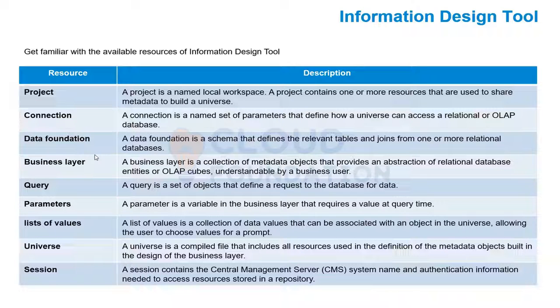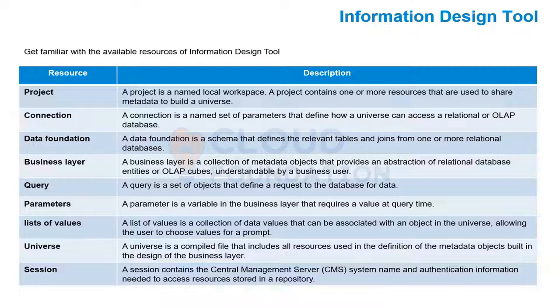Generally in our project, we will get a blueprint or a technical specification document. There they will mention everything: what tables are required, what joins we should put, and how the tables are related to each other. Everything will be provided by an architect or the report developers. We can go ahead and create a universe based on that document.